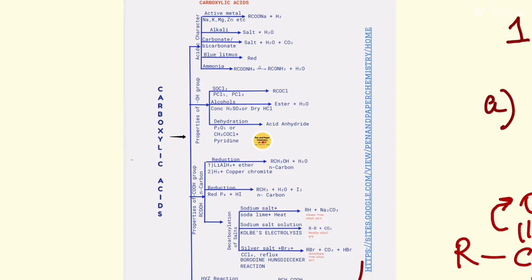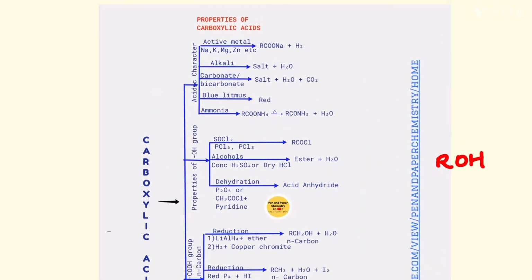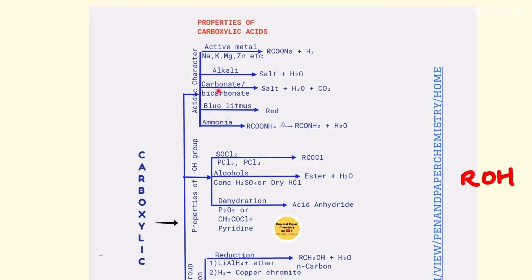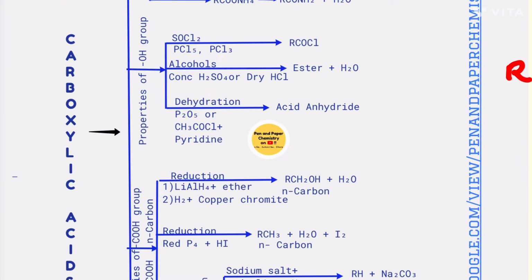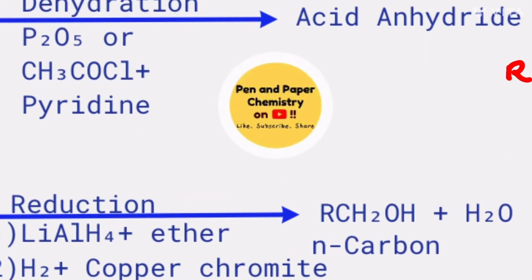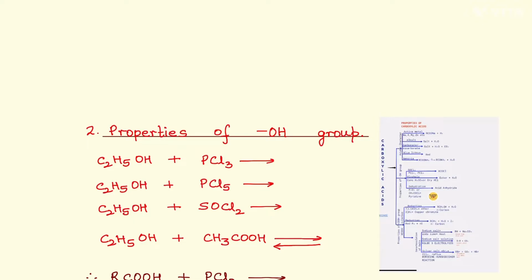In today's lesson, we are going to talk about the properties of the OH group, connecting our learning to the properties of the OH group as we have observed in the case of alcohols, and the other most important characteristic of carboxylic acids, that is the acidic character. As I always say, please make sure that you have your pen and paper ready with you so that you can take down notes for offline reference.